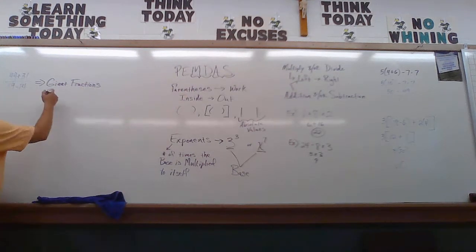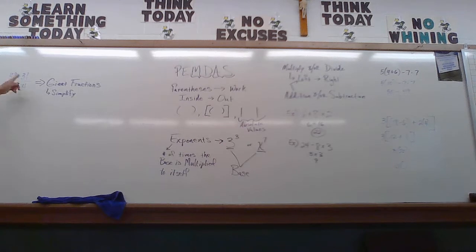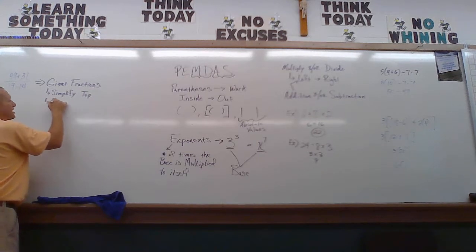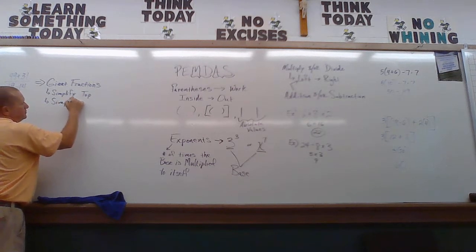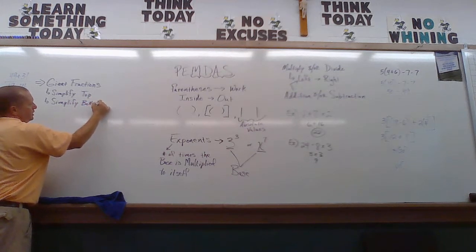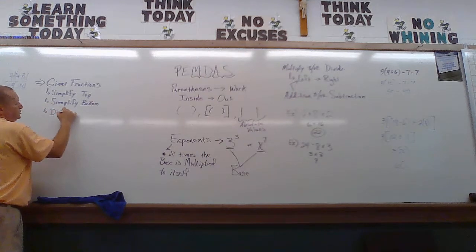Anytime that you have a giant fraction, I want to simplify. What do I mean by simplify? Like, do the adding and subtracting. Yeah, do the problem, right? So I'm going to simplify the top, then I'm going to simplify the bottom, and then the last step is I'm going to divide.